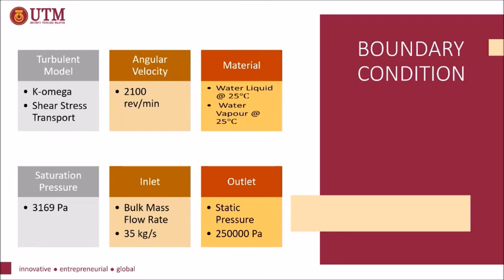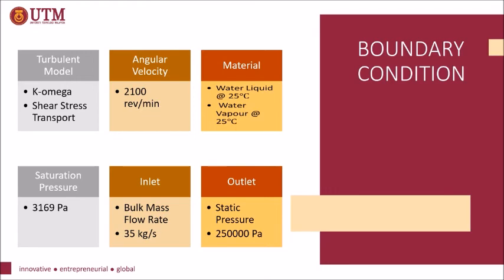The boundary conditions for both models are: the turbulence model is set to k-omega shear stress transport. The angular velocity is set to 2100 revolutions per minute. For the material, since this is a cavitation condition, it needs liquid water at 25 degrees Celsius and water vapor at 25 degrees Celsius.